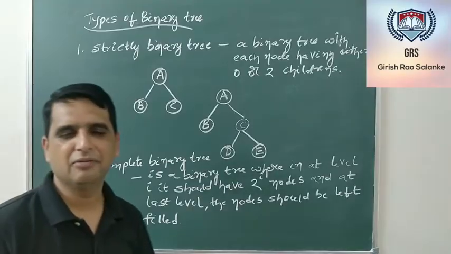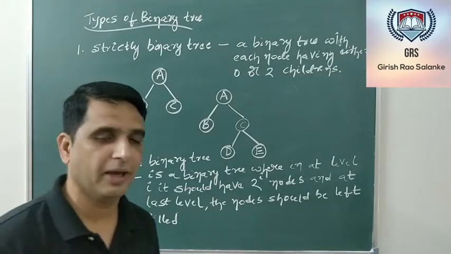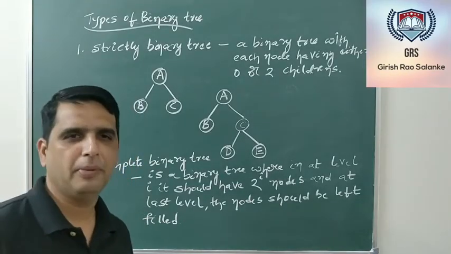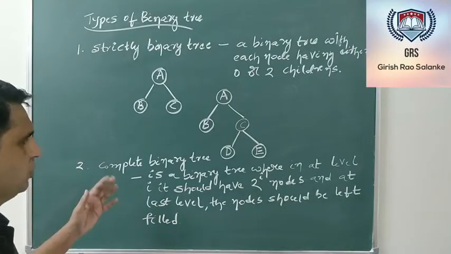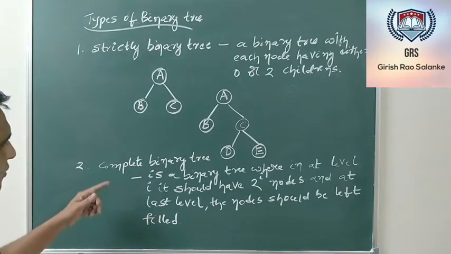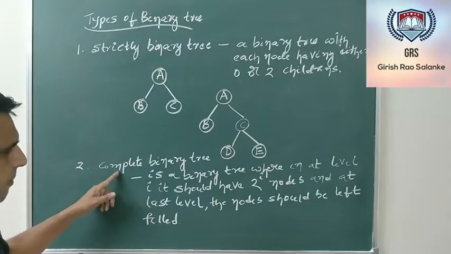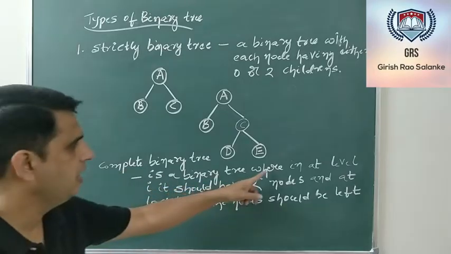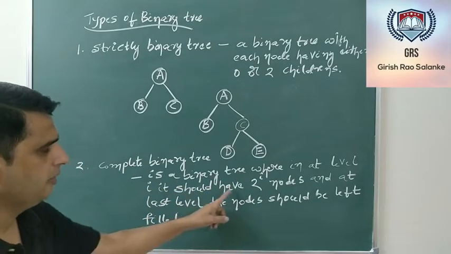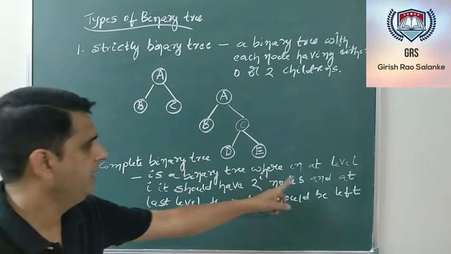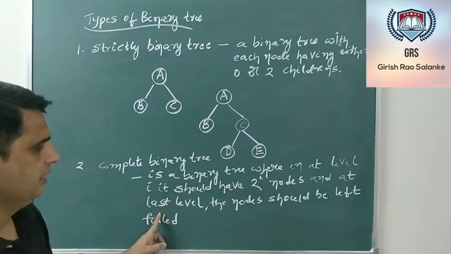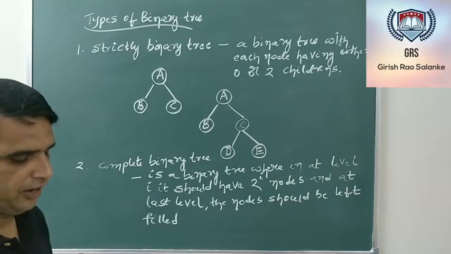Later we'll come to a type of tree called a heap, and one of the important properties of the heap is that it should be a complete binary tree. Note that a complete binary tree is a binary tree wherein at each level it should have 2 power i nodes, and at the last level the nodes should be left filled.